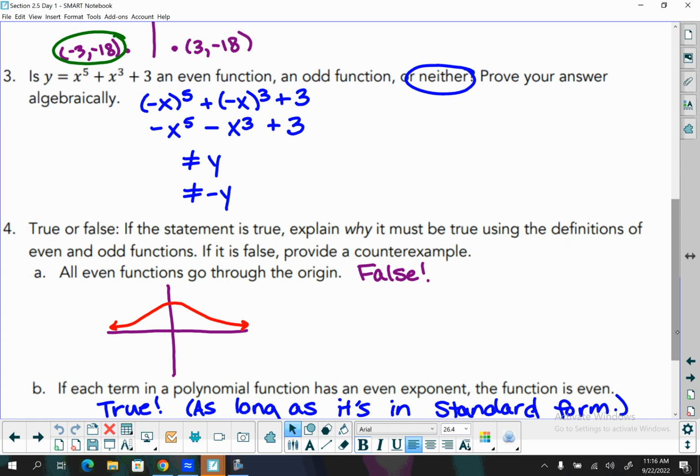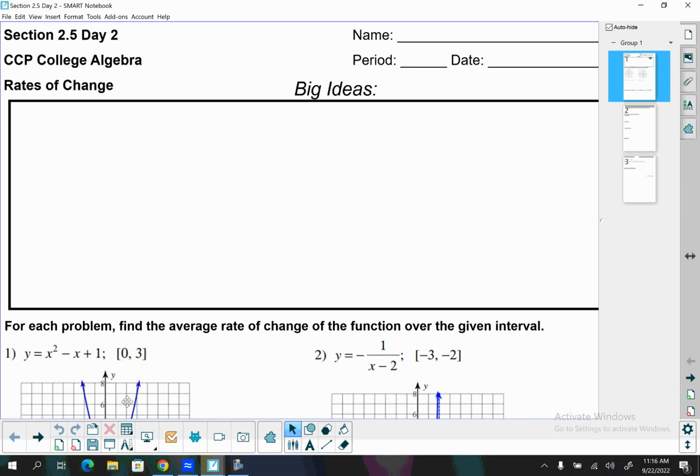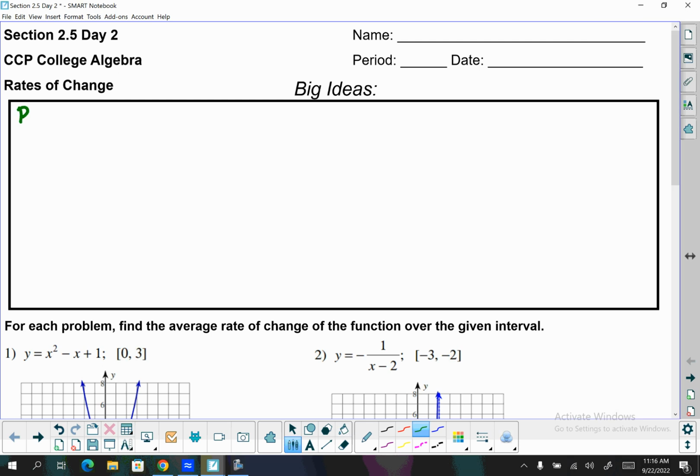All right, so we just got to finish up 2.5 today. And you've got a handout. We're going to talk about rates of change today. Okay, so rate of change definition. We're going to start with that. I'm going to give you the formal definition, and then I'm going to give you the shortcut formula.